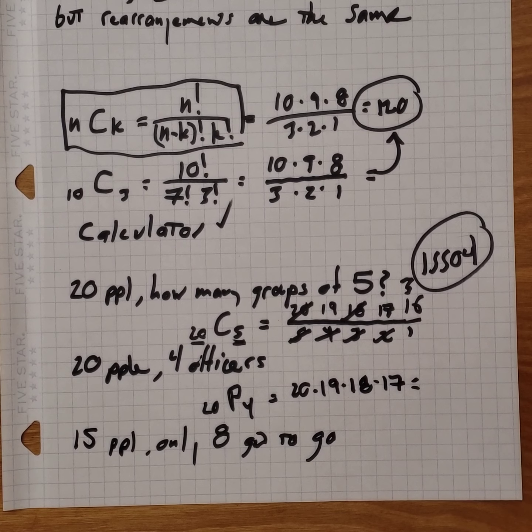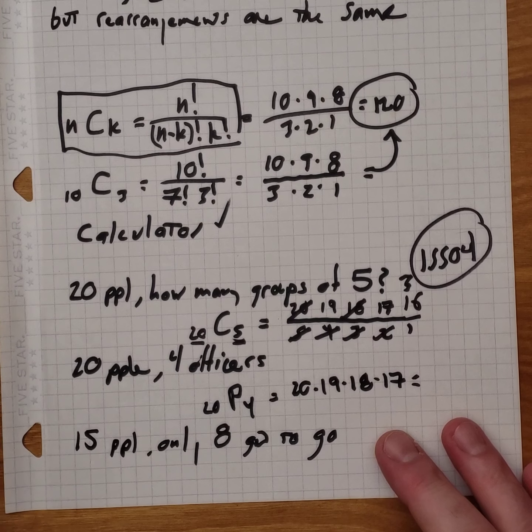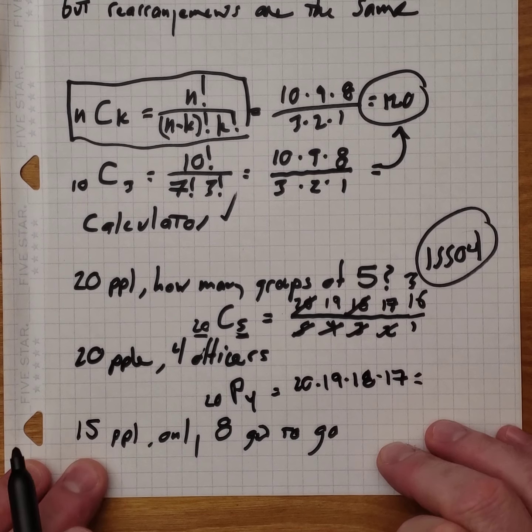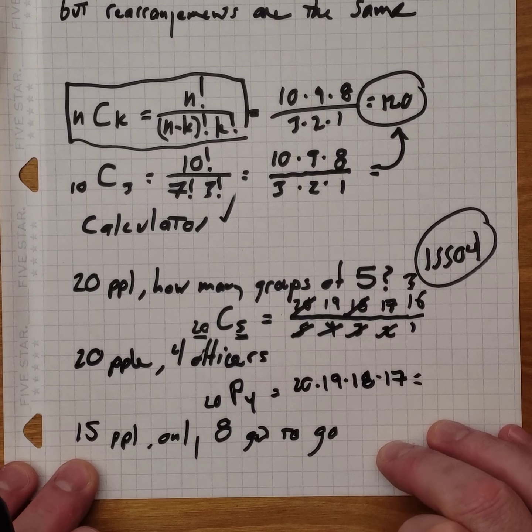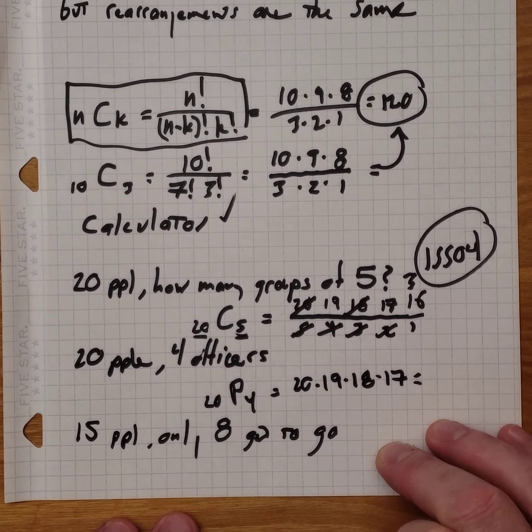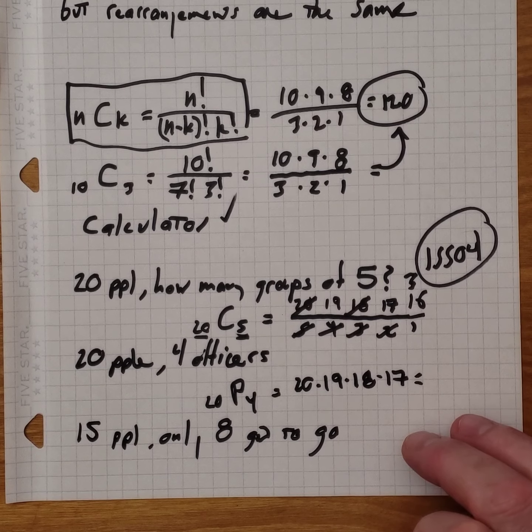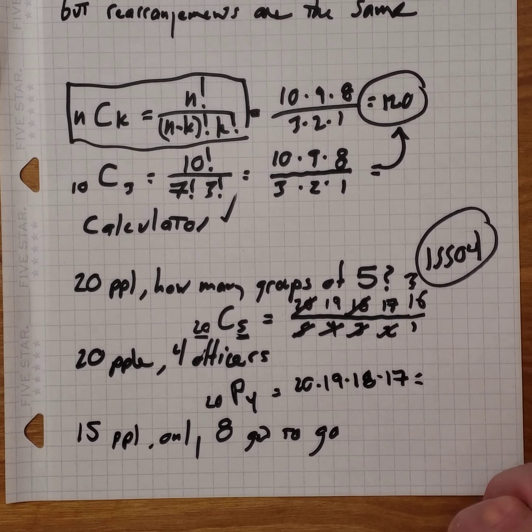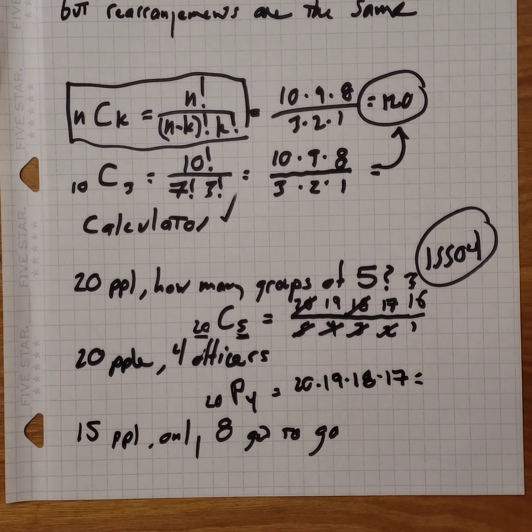One more for this one, and then we'll move on. Suppose we've got a group of 15 people, and they all want to go to the movies, but we only have 8 tickets, so only 8 of them get to go. How many different ways can we choose the 8 people out of this group of 15? Well, is this a combination or a permutation? The order doesn't matter. It's just that 8 people get to go, the others don't.